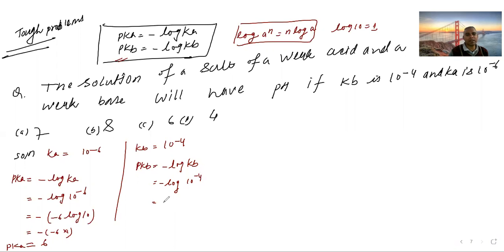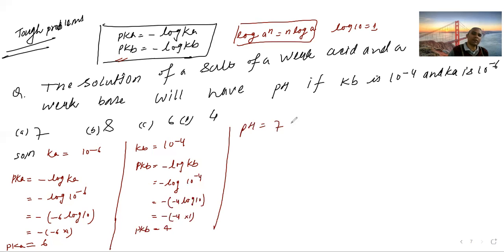So minus 4 log 10. The log 10 value you told me is 1. So minus 4 log 10 value 1, minus into minus is plus. So the pKb value you got is 4. Okay.